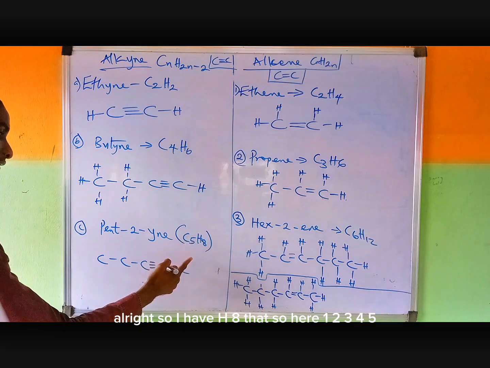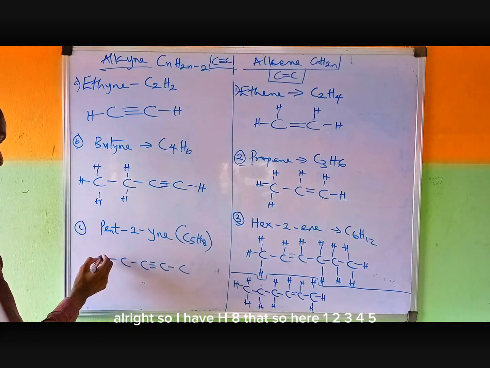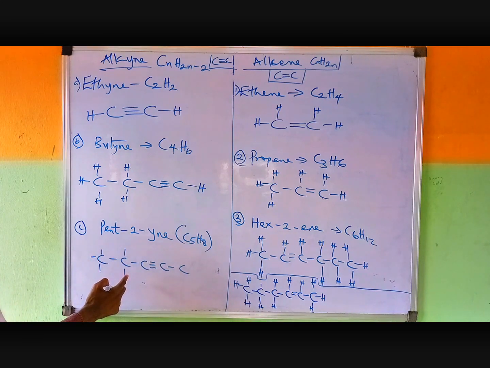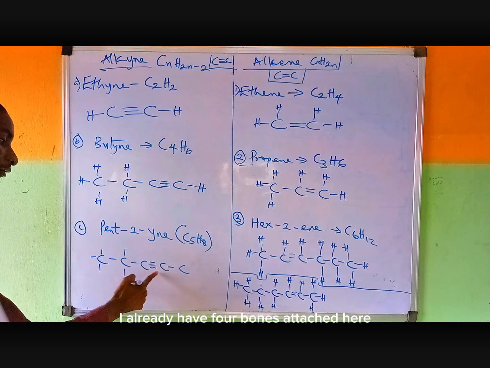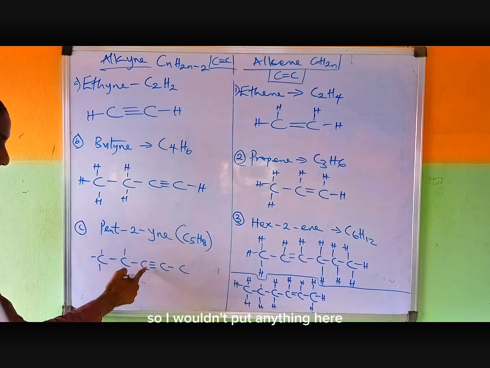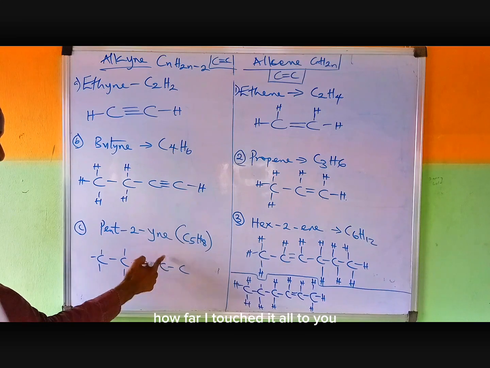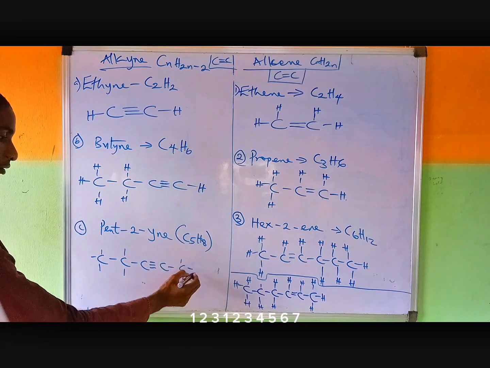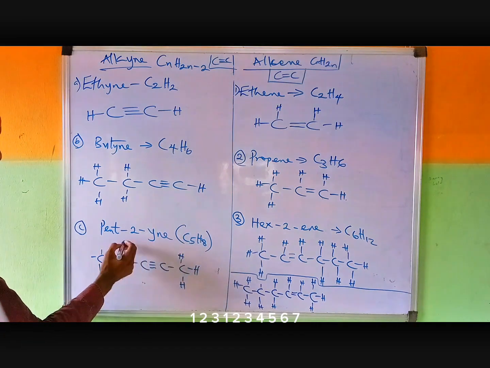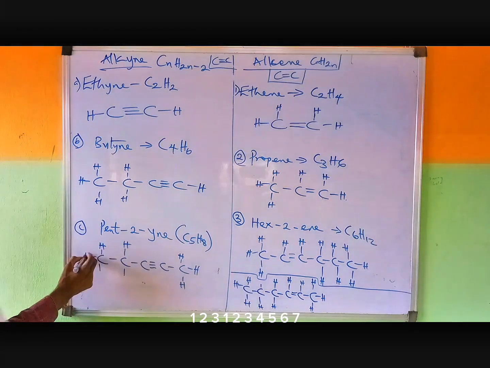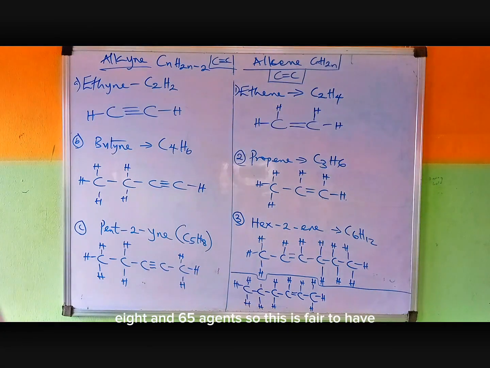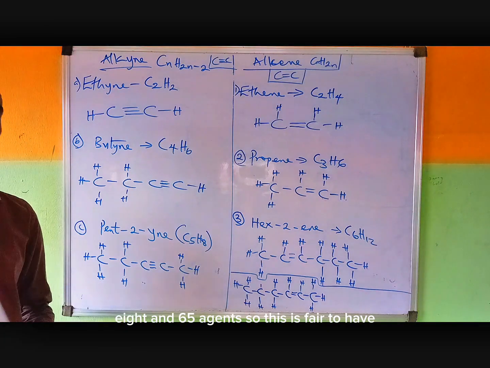Alright, so I have H8 left. So here, 1, 2, 3, 4, 5. I already have 4 bonds attached here, so I wouldn't put anything here. I have 4 attached here, nothing here. I have only 1 here, so 1, 2, 3. 1, 2, 3, 4, 5, 6, 7, 8. And see C5H8. So this is pent-2-yne.